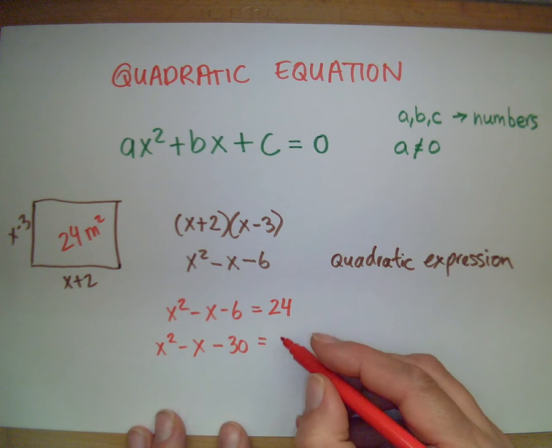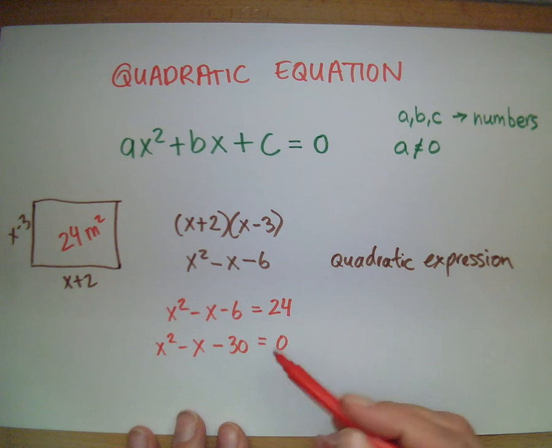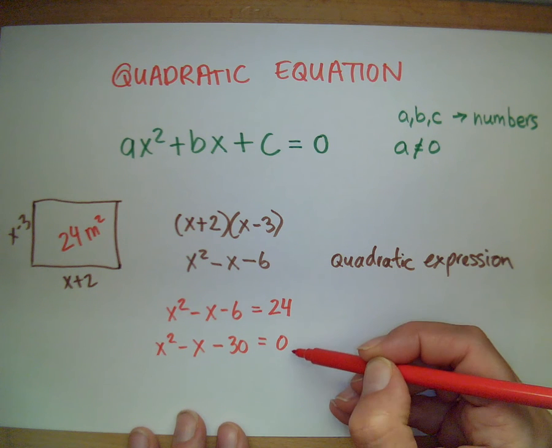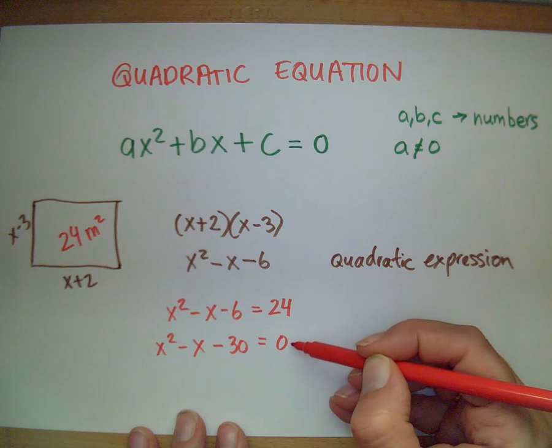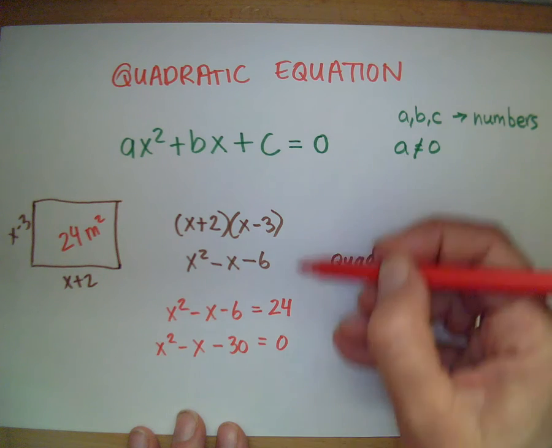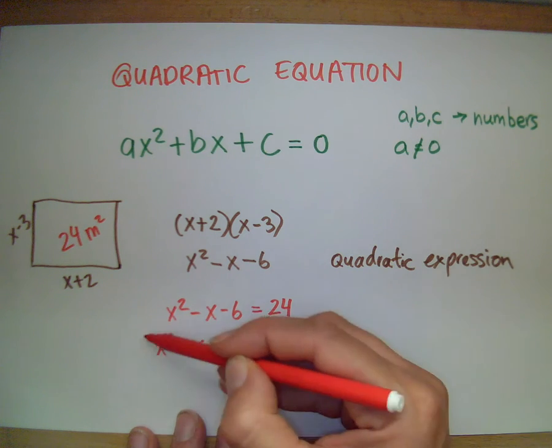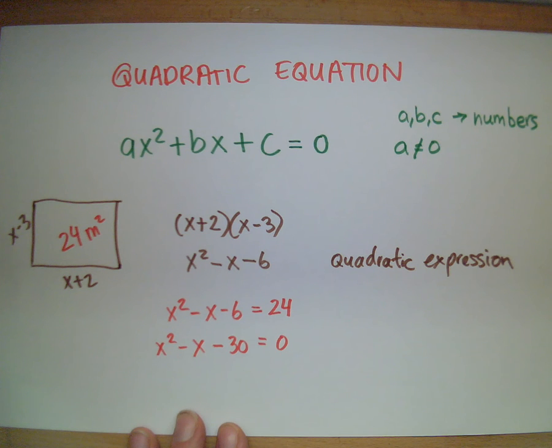And here 24 minus 24 is 0. Now, this is also a quadratic equation, the same one, but in the form that we like it in, set equal to 0. Because from this point, we can start solving it to find the value for x that would make this true.